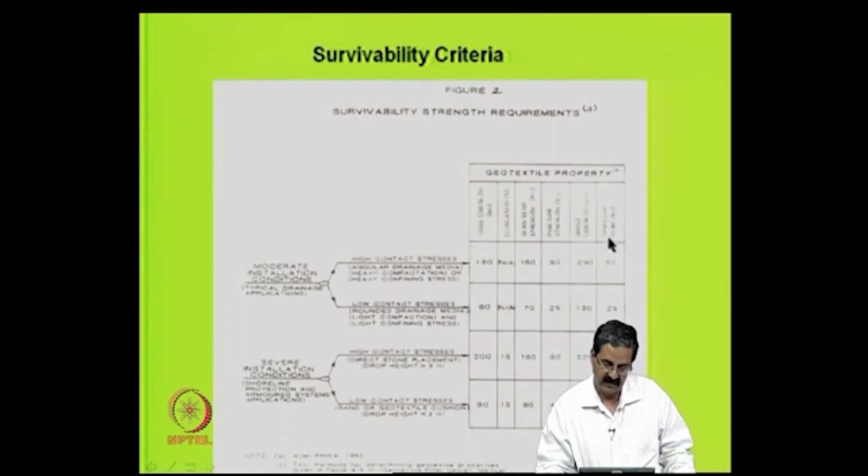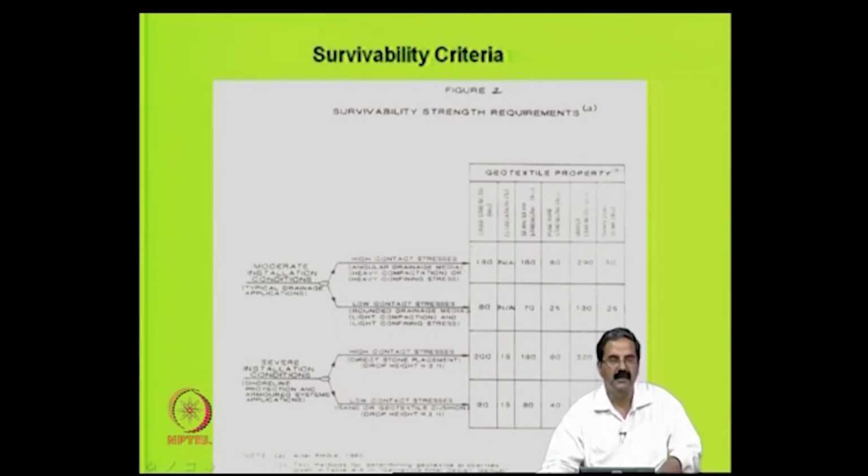These are 90, 80, 40, all in pounds. They are all representative test values, and all these numbers are given. Normally, the geosynthetic companies see that these specifications are met.